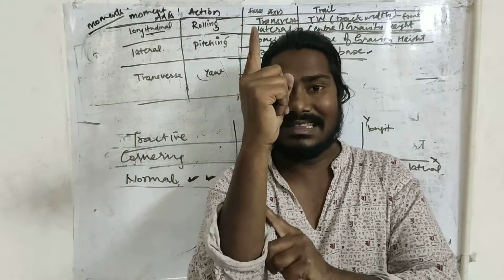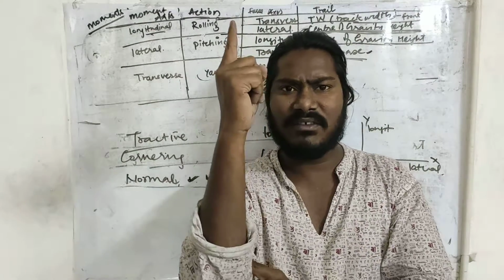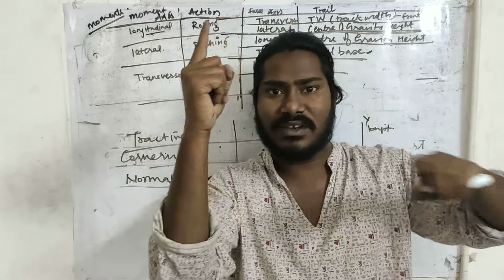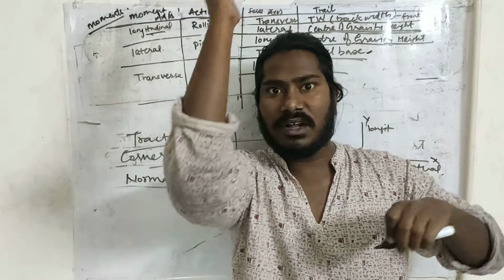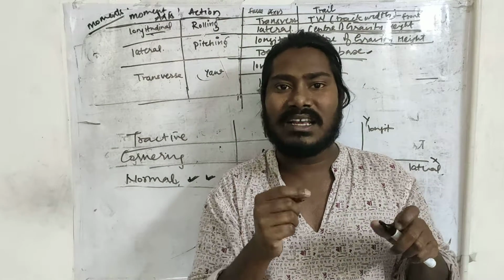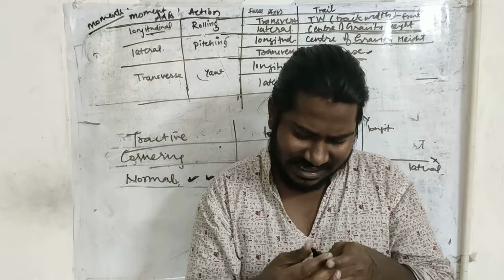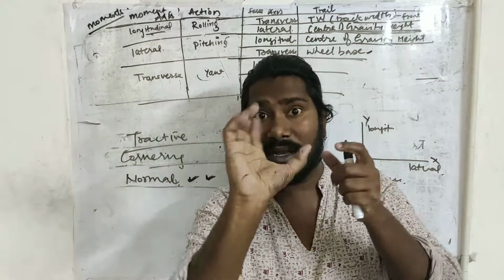This is my transverse axis, and this is the height of center of gravity. All the cornering forces that are actually acting on the tire, the centripetal forces, will try to create the movement along it.